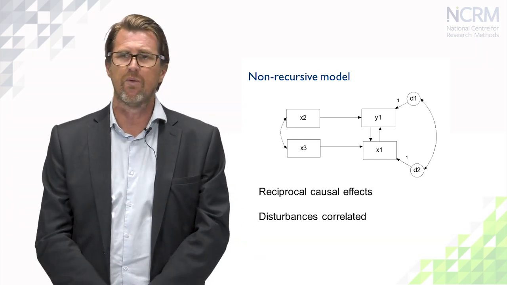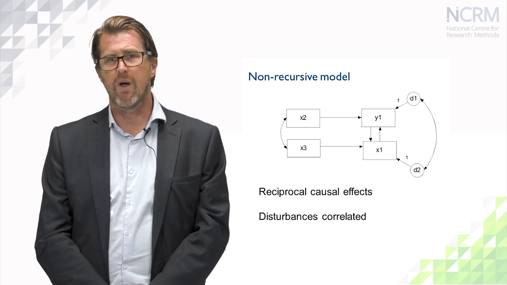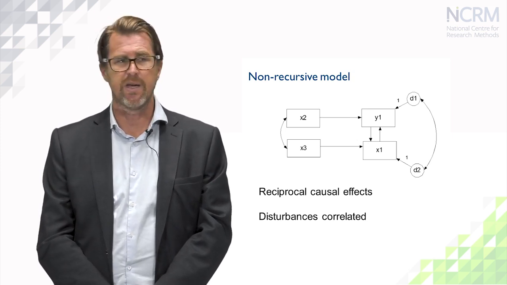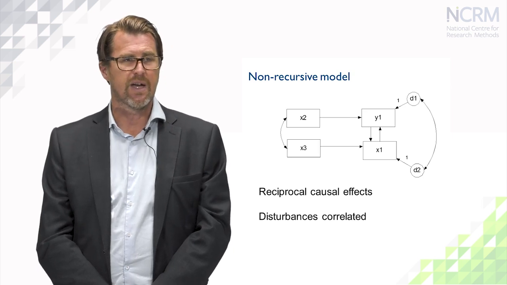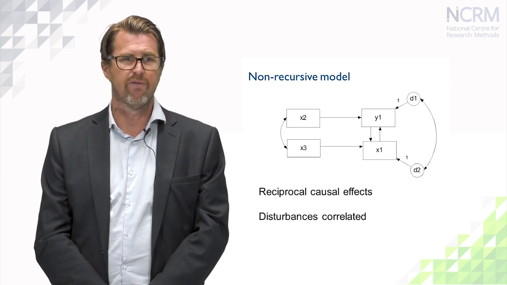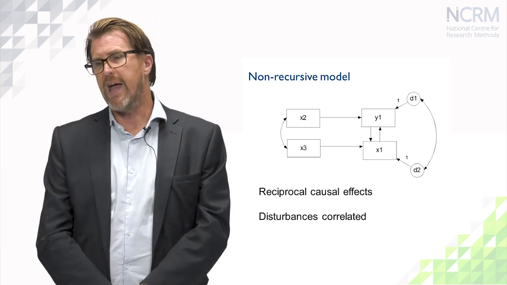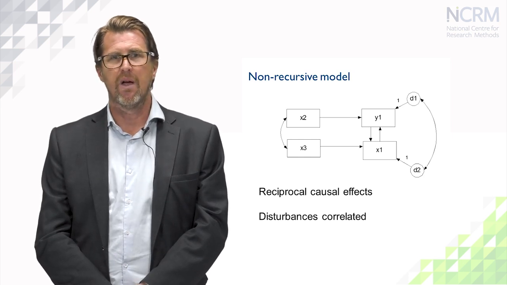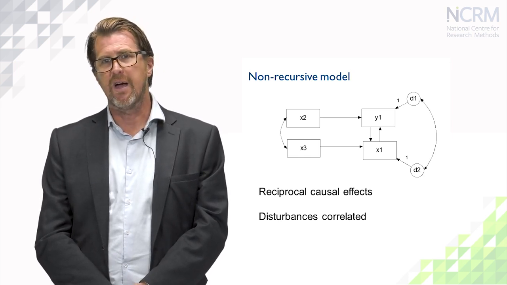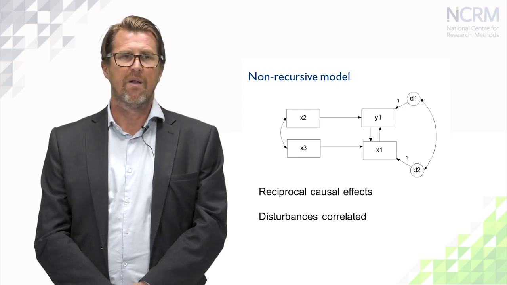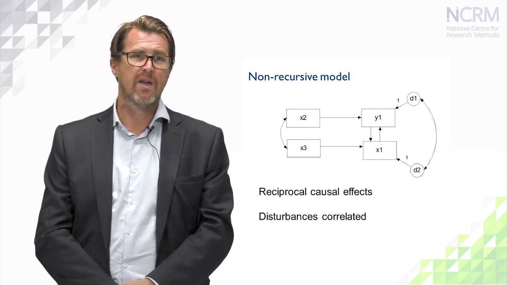There are many examples of situations where we would expect two variables to be causing each other. We can think, for example, of economic perceptions. The more people perceive that the economy is doing well, the more that they will support the government, and the more that people support the government, the more that they may think that the economy is doing well.